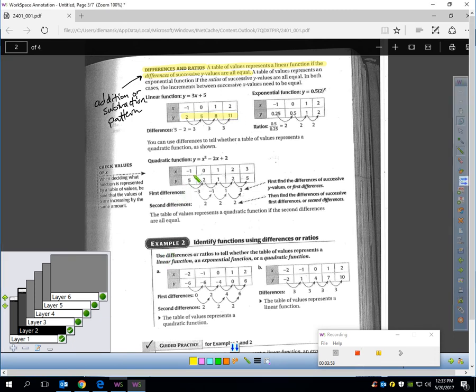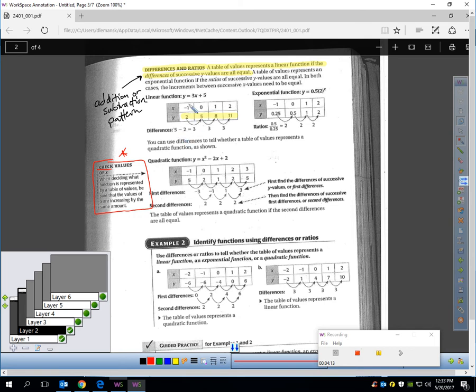Now, one thing we have to be careful of, and there's a little highlighted note, maybe I'll box it in red. This is important. When I say if there's a constant addition or subtraction pattern, you've got to check real quick, are the values for x increasing one at a time or at the same interval? Because if they're not, then what I just told you might not necessarily be true.